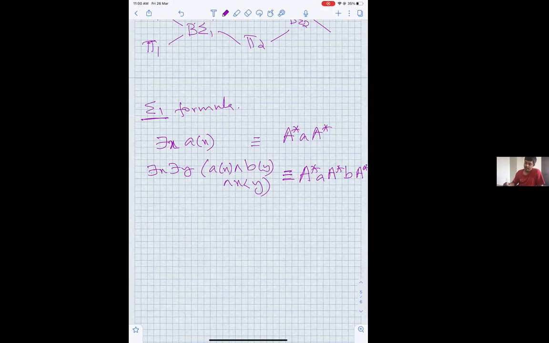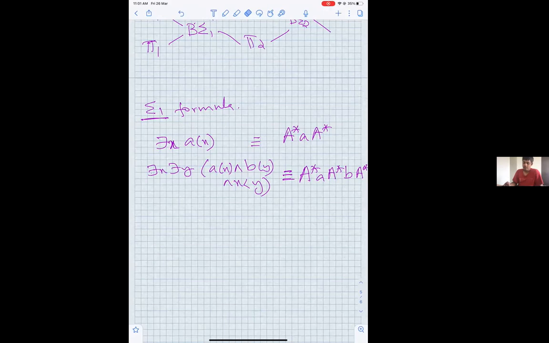Now, can you tell me how sigma 1 formulas will generally look? What are the languages accepted by sigma 1 formulas? Boolean combinations of languages of this form, maybe: A star, some letter, A star, some letter, A star. But where did you get Boolean combinations?